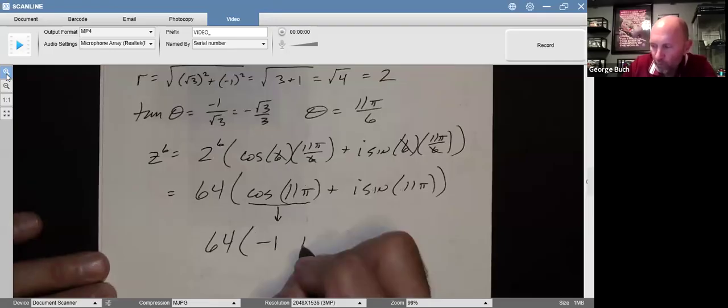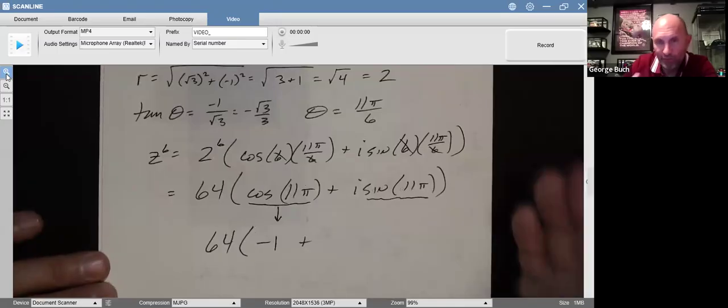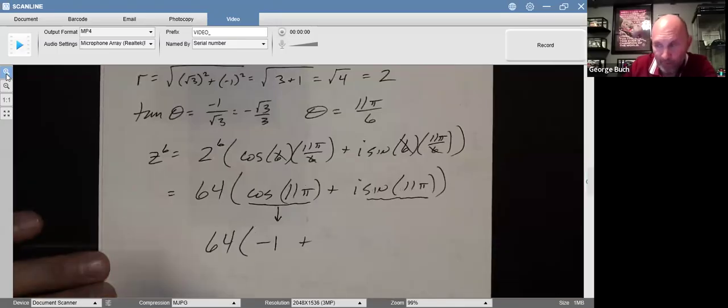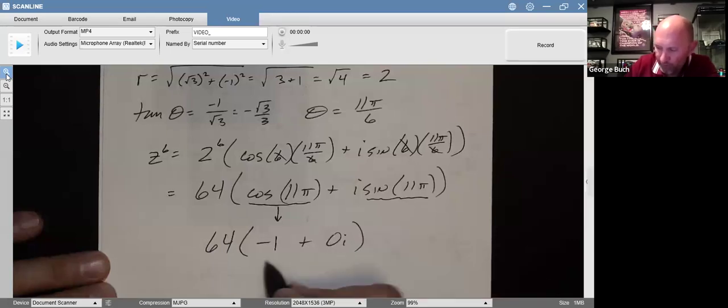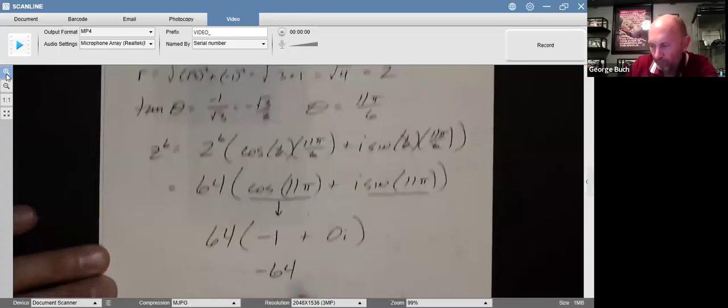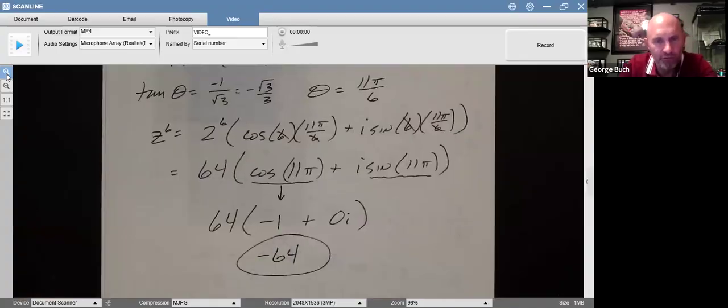Plus, what's sine of 11 pi? Again, I'm on the left side, but sine of any odd pi value is 0. So 0i. So it's just what? Multiply this. 64 times -1 is -64 plus 0. So your answer is just -64.